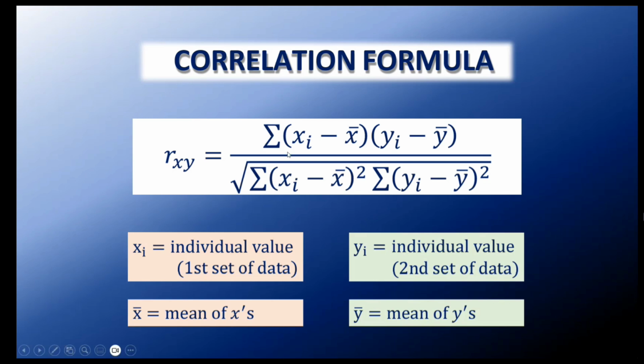Say, for example, you have 15 values per set, so you will have 15 pairings to multiply. Then divide by the square root of the summation of the square of the difference of the individual value and the mean, times the summation of the square of the individual value and the mean also. This is for each data set.